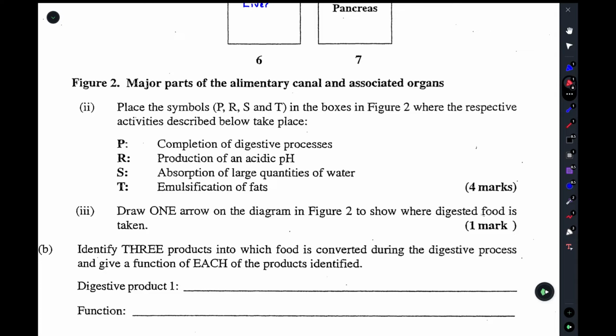The capillaries in the villi flow into a blood vessel called the hepatic portal vein. And the hepatic portal vein is what will transport the food from the ileum, or the area of the ileum, to the liver. And the liver would process the food, store some of it.